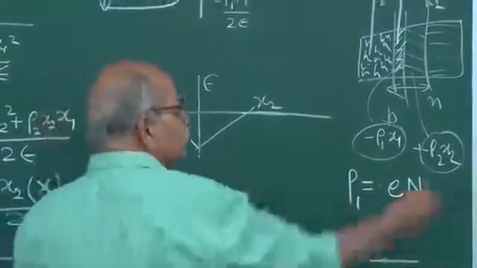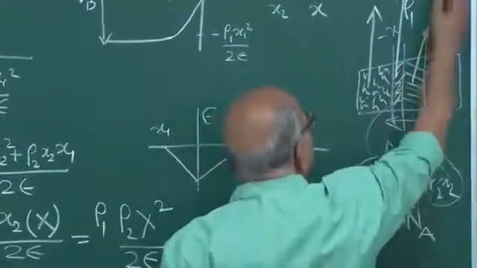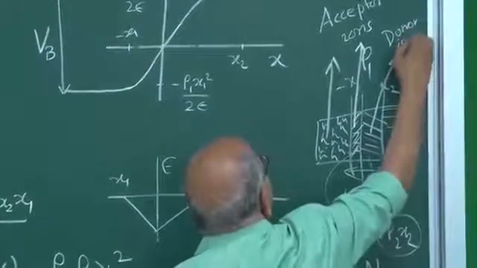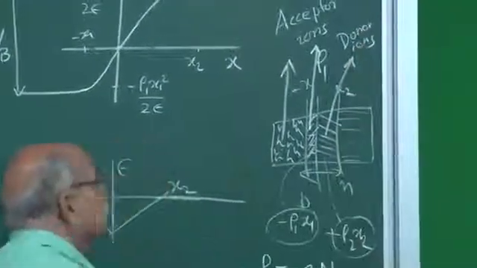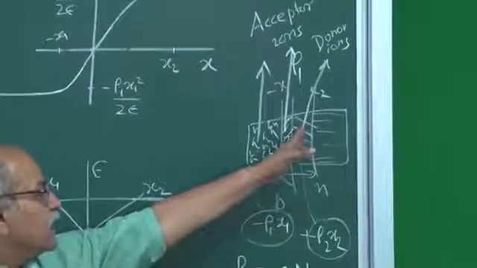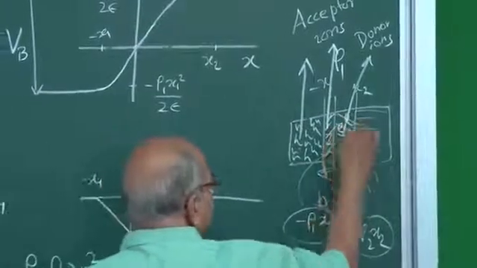And similar is the story on this side. On this side you have put donor ions. If it is silicon, you have put pentavalent impurities here, and this pentavalent impurity comes with extra electrons.